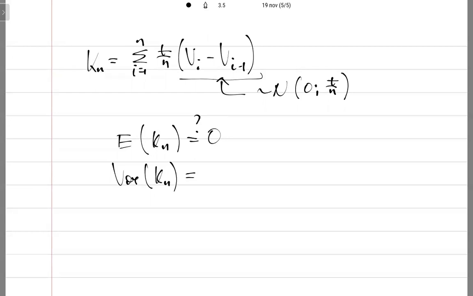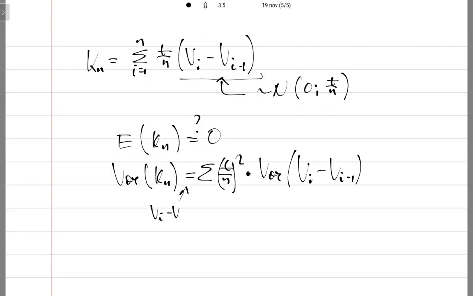Basically, they are independent, and we can say that it's a sum of T over n squared times the variance of Vi minus Vi minus 1. So these differences are independent, but let's check why they are independent.